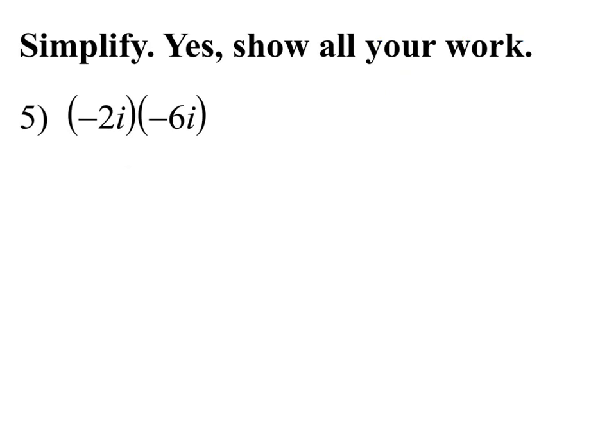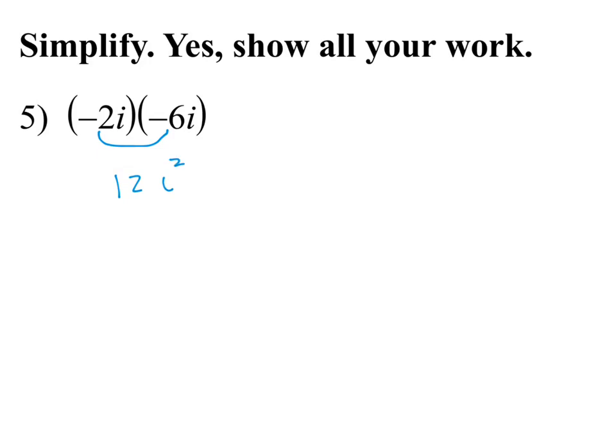Number 5 here. We're now getting into where you're just simplifying expressions, and that's really what these questions are that you're going to see on your final. To simplify something like this, you're going to take the integers, the terms in front, and times those together. Negative 2 times negative 6 is positive 12. And then you're going to times those two things together, and that'll give you i squared.